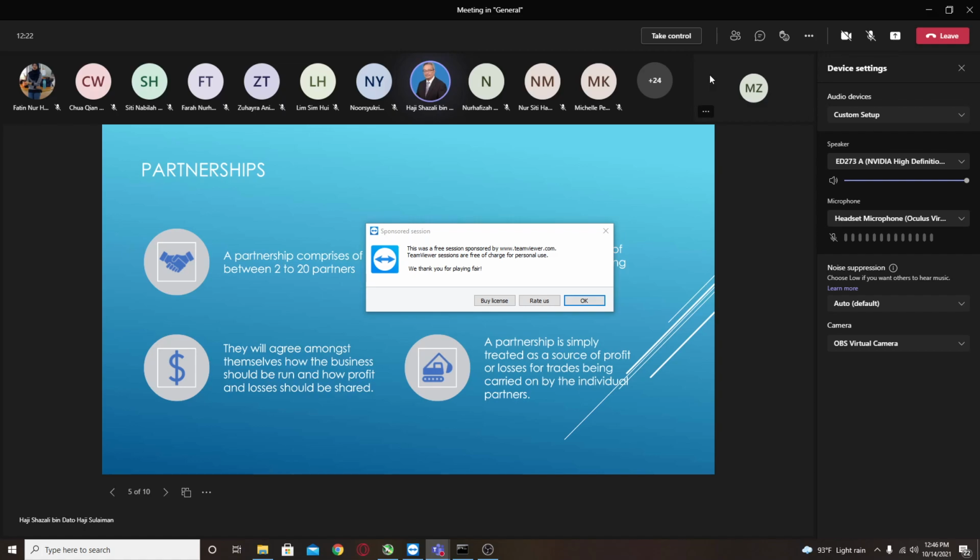Usually, as partners, you should agree among yourselves how the business should be run and how the profit and loss should be shared. I'll cover that in more detail. A partnership is simply treated as a source of profit and loss for trades being carried out by individual parties. So the 10 of you are in business together as partners. What you do is you calculate individually what your income, your profit, is for each of the partners.